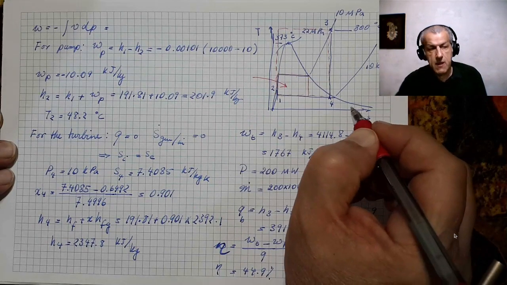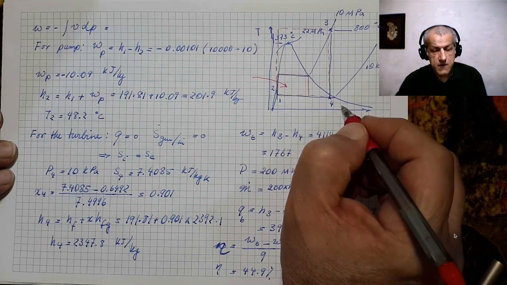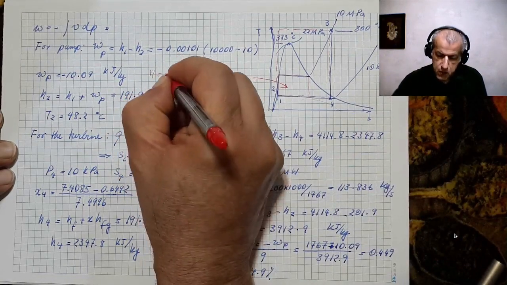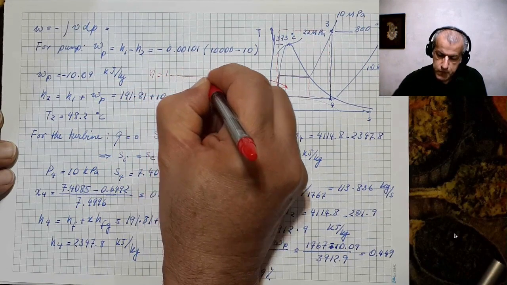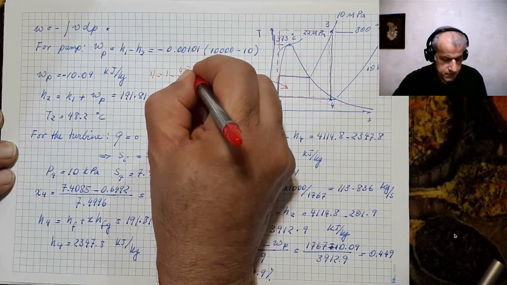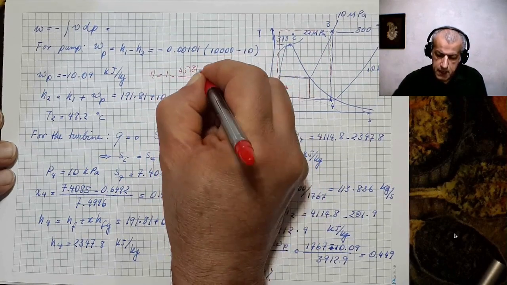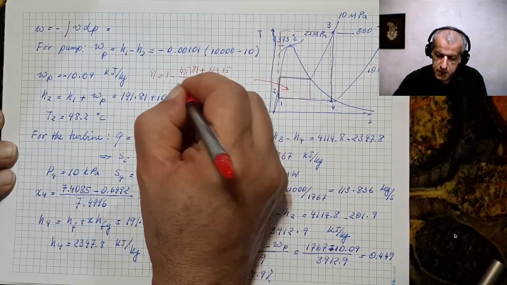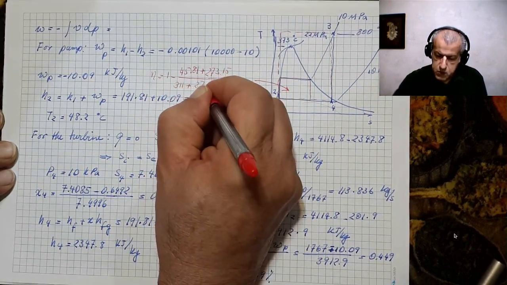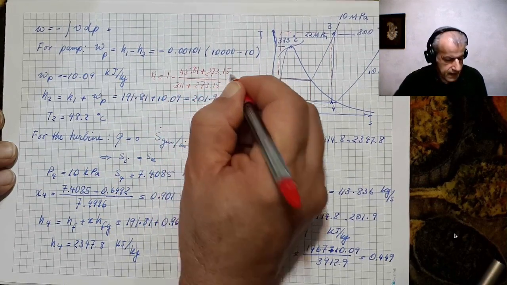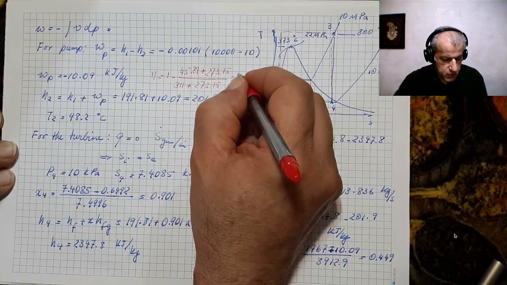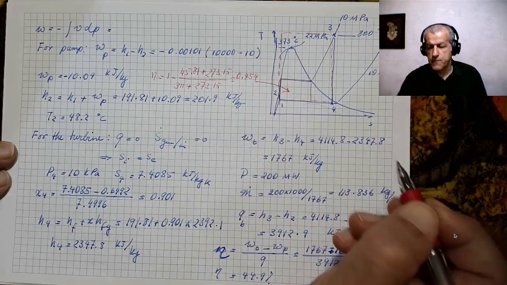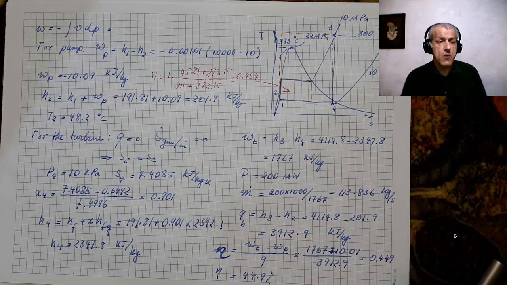For this smaller cycle, the Carnot efficiency is eta equals 1 minus 45.81 plus 273.15 divided by 311 plus 273.15, and that is 45.4%, 0.454, which is not that different from what we have gained.